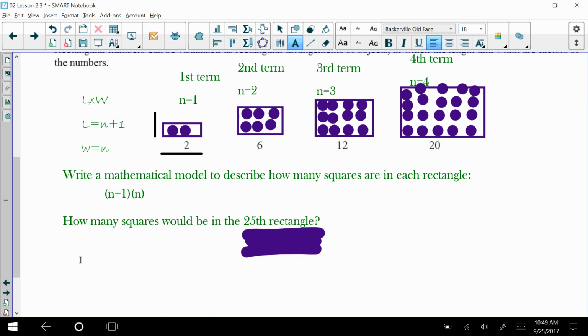So how many squares are going to be in the 25th rectangle? Well, I'll take 25 plus 1 times 25, which is 26 times 25, and I get 650 dots.